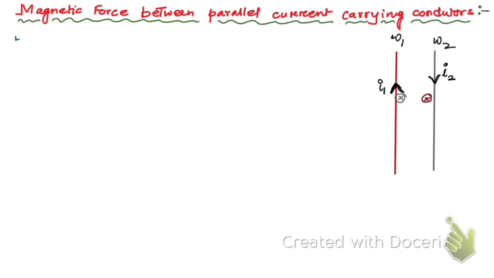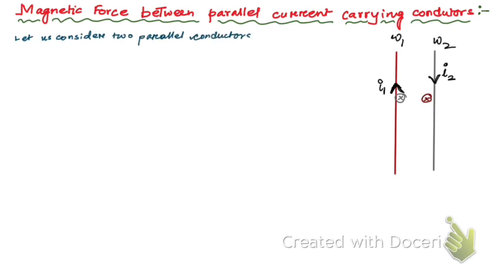So if you apply the right hand thumb rule again, if the thumb points towards I2, then the remaining fingers will wrap around the conductor in this direction, so that is also into the page.